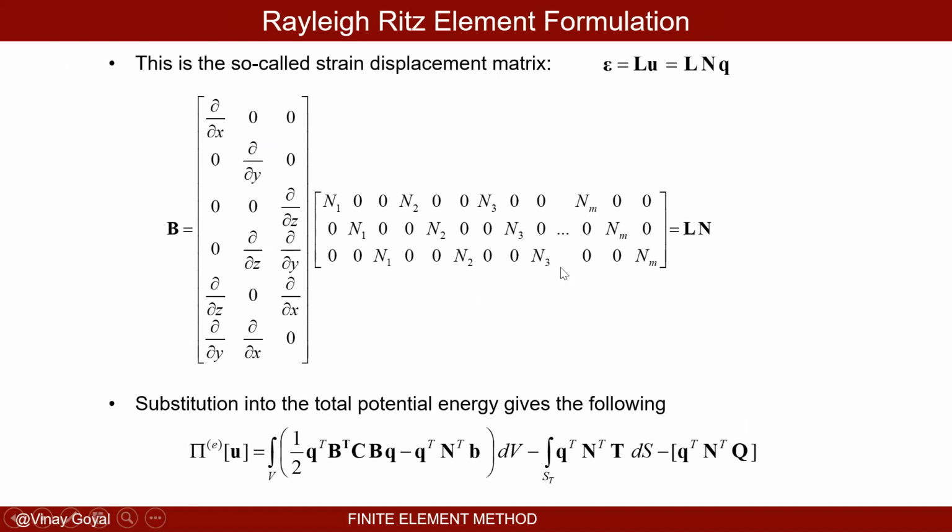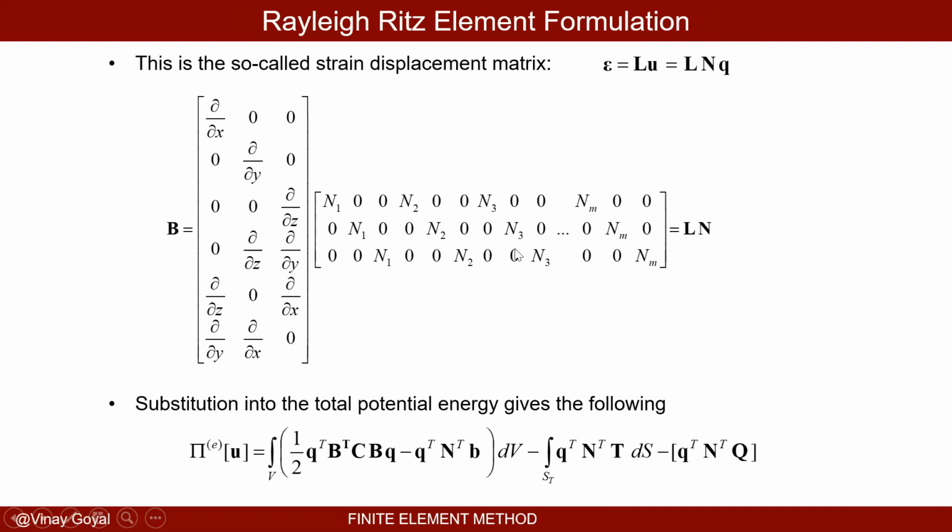So this is a very easy multiplication that gives you B bold. This is also the so-called strain deflection matrix. And the reason is because strain equals B bold times Q bold. It gives you a transfer function between the nodal quantities and the strains within the element. So that's the benefit of this B bold equation.